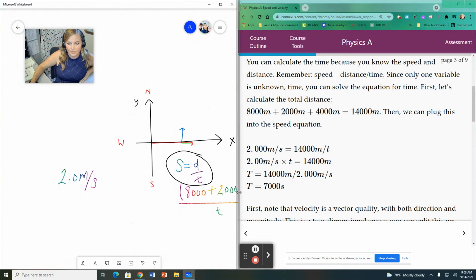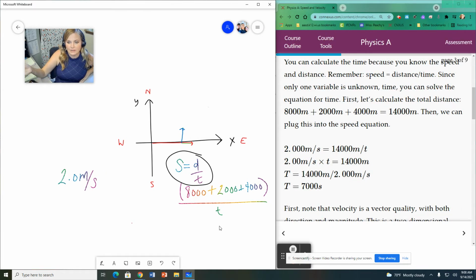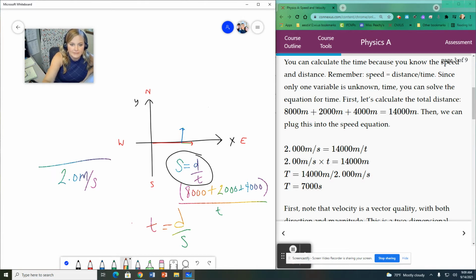I can't go out anymore, but I can kind of scooch this one over. If I rearrange this equation right here, I'm going to end up with that time is equal to distance divided by speed, right? So I just flip-flop them, cross-multiplied. So I have my speed and I have my distance, 14,000.